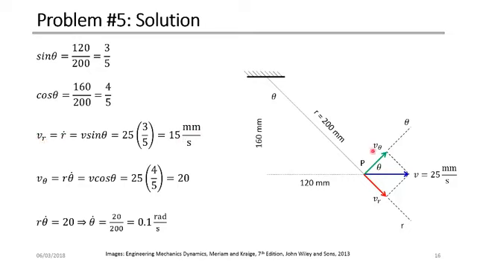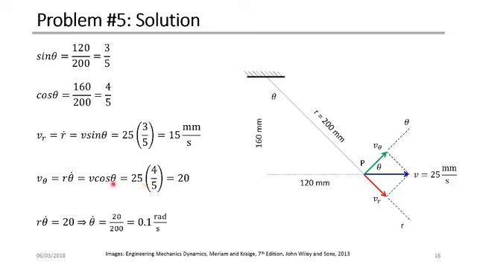If we calculate the second component, V theta is equal to V cosine theta. The V theta in the r theta coordinate system is equal to r theta dot. So r theta dot is equal to V cosine theta.